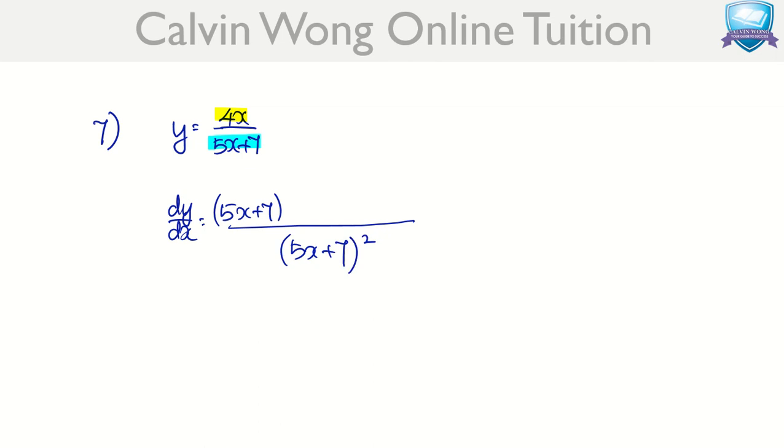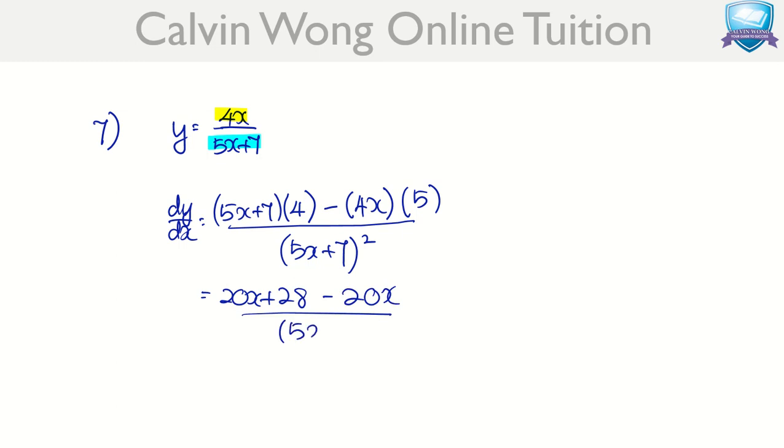Copy the bottom, differentiate the top. This time it is minus, be careful, it's minus. The other way around, copy the top, differentiate the bottom. Then we get 20x plus 28 minus 20x over, and you have 28 over (5x plus 7) squared.